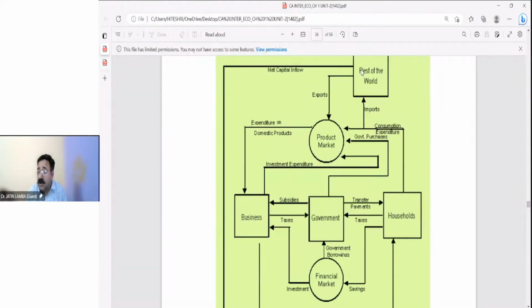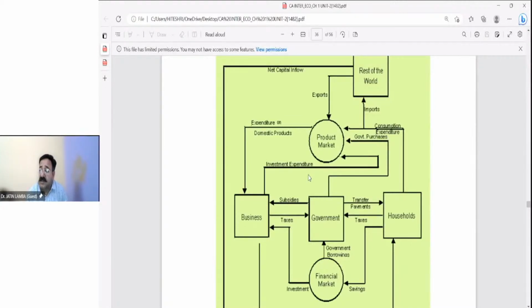Let me first explain in English, then I will also explain in Hindi. Some students are asking to explain in Hindi. So first I am telling in English, please listen carefully. Some foreign companies invest in our domestic economy, in our market, in the form of MNCs, multinational corporations.